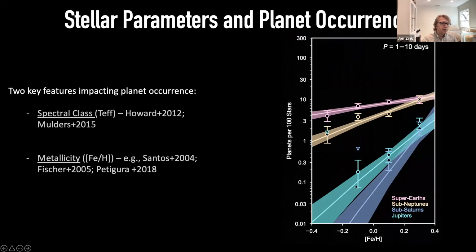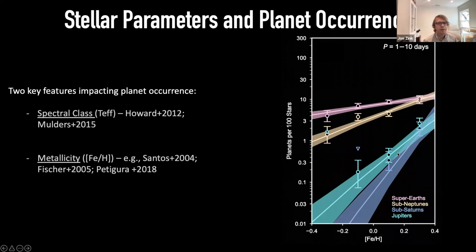And you can see for the Jupiters and the sub-Saturns, there's definitely a strong correlation between stellar metallicity and planet occurrence, and a much weaker correlation for the more terrestrial planets, these super Earths and sub-Neptunes. It's not quite as strong. Maybe metallicity isn't quite the determinant that it is for the gas giants.